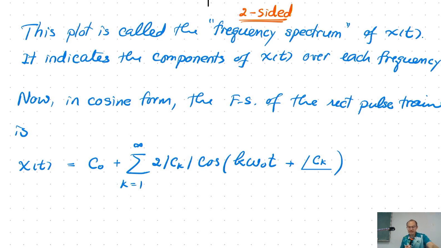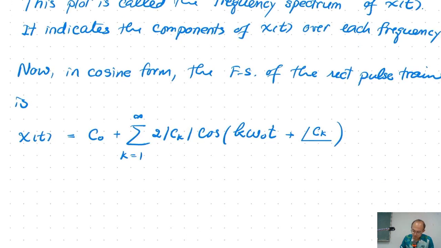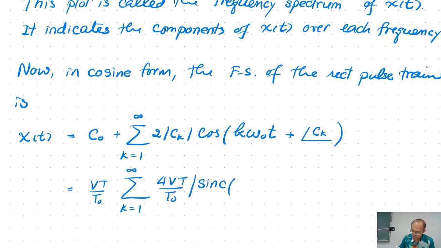So if you plug in ck in cosine form, we would have Vt over T0 plus the summation from k equals 1 to infinity of 2 Vt over T0 times the absolute value of sinc of k omega 0 t over 2, and cosine of k omega 0 t plus the phase of ck.